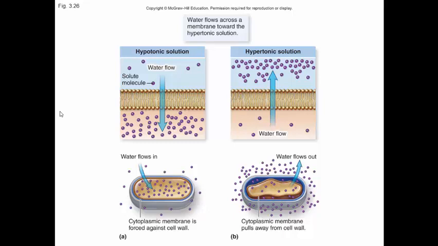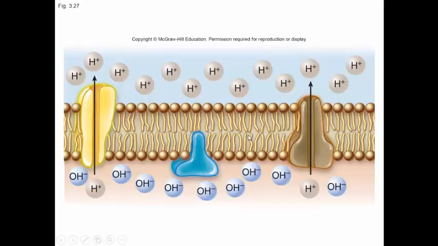But another interesting thing about the cell membrane, besides controlling water flow in and out, because remember, you're going to be exposed to hypotonic solutions on the outside or hypertonic solutions on the inside, you have to control all of this. And this control system requires energy. The cell membrane also has an electron transport chain. The electron transport complexes pump protons, that's hydrogen ions, out of the cell to create an electrochemical gradient.